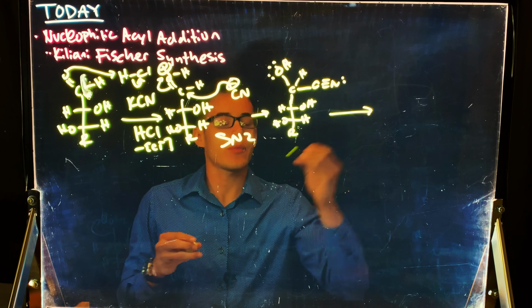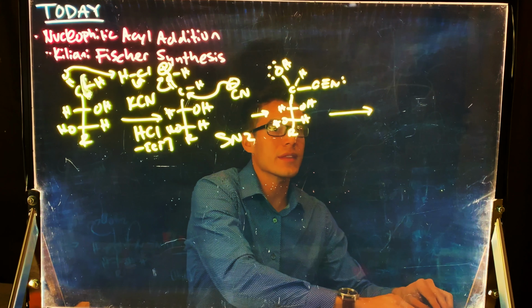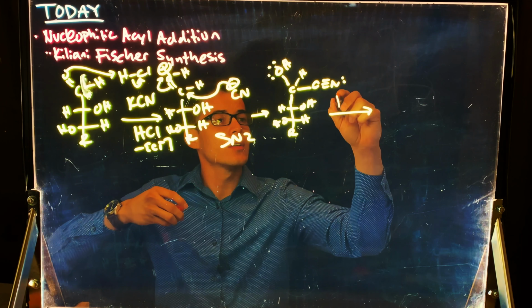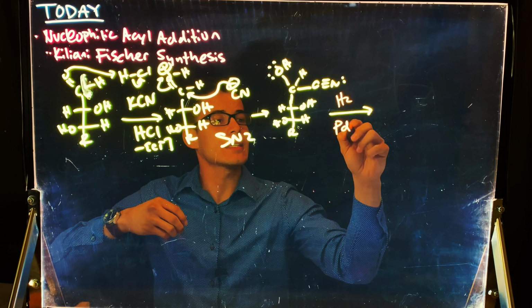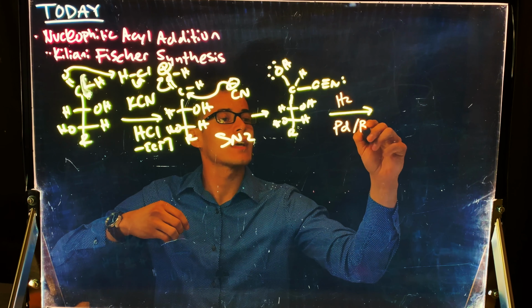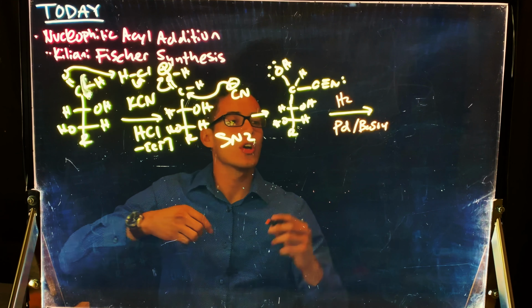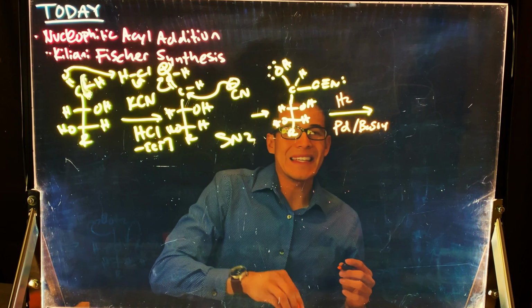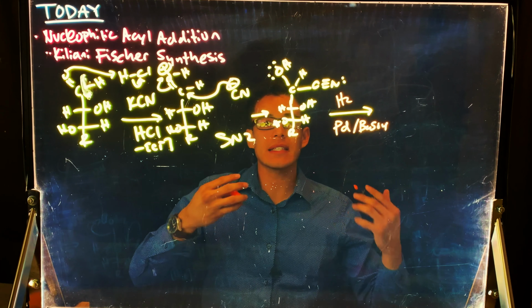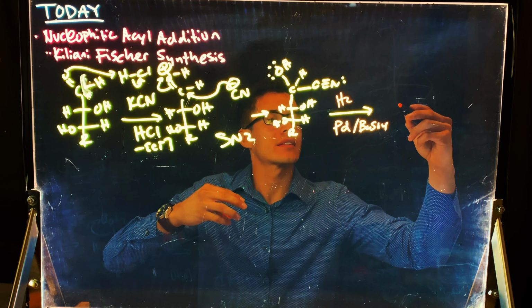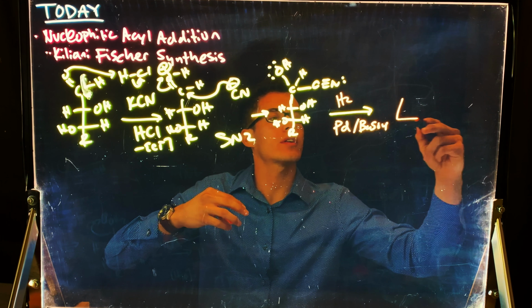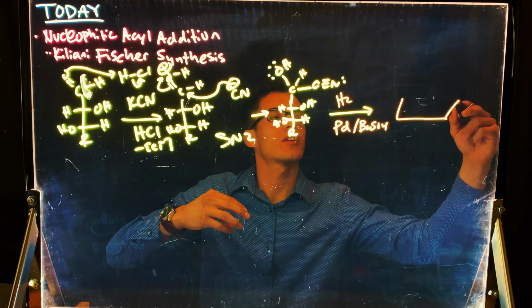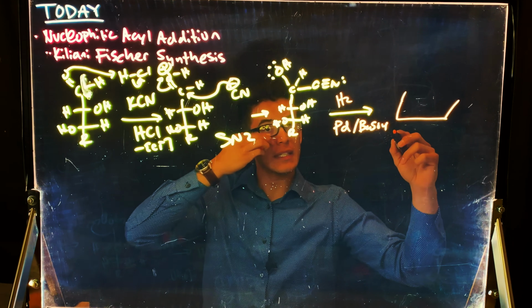So our next step, we're going to react with H2 and Pd, palladium, and BaSO4. Now, the palladium is a metal, and it's going to act to stabilize this whole thing. So I'll draw a representation of what I mean. Here's our palladium.